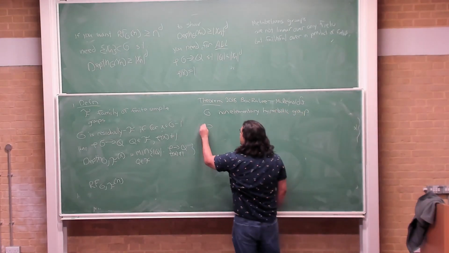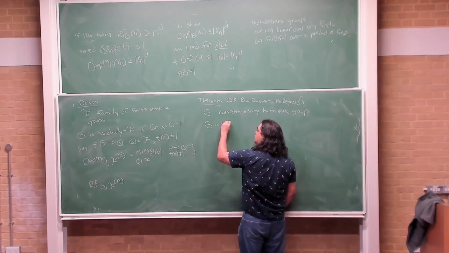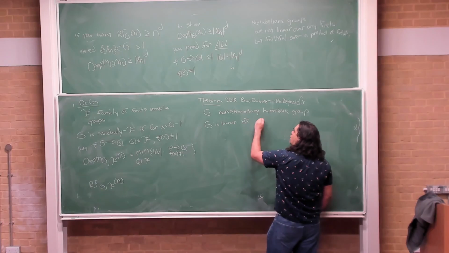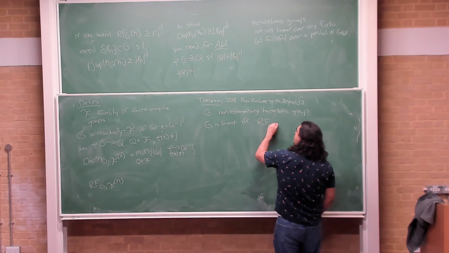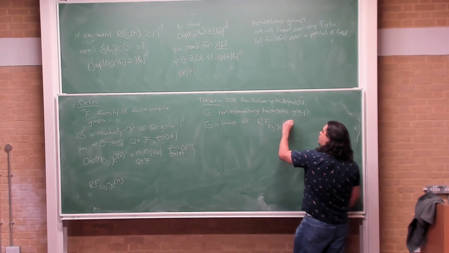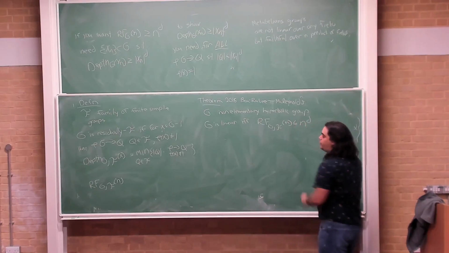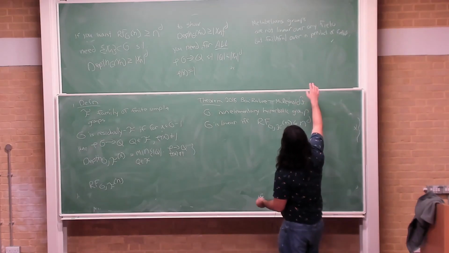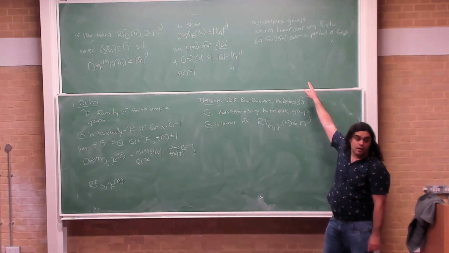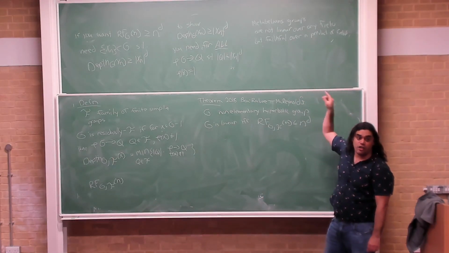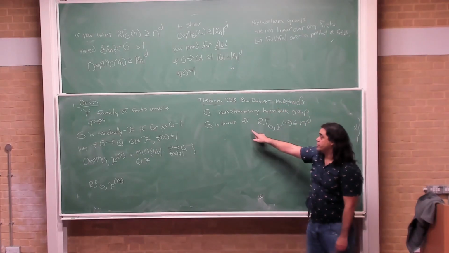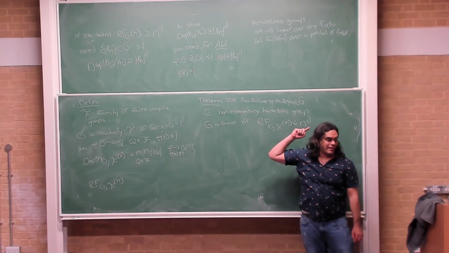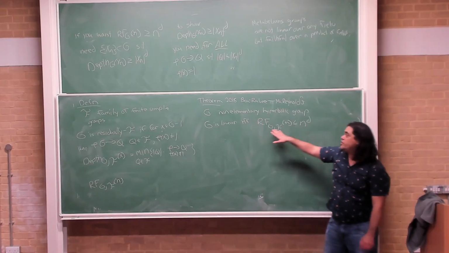Then G is linear if and only if RF of G relative to F is at most polynomial. So this rectifies this issue that we have up here, in that if you have a hyperbolic group, you know precisely when it's linear in terms of this growth function. And if you're wondering about what happens if your group is not residually finite, well, then it's not linear, and this function would have to be infinite.